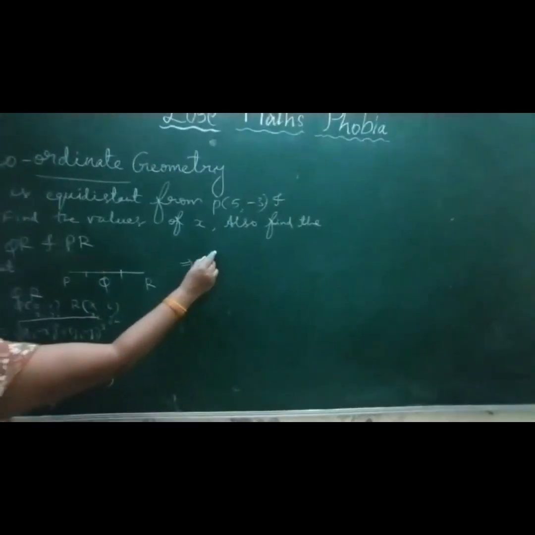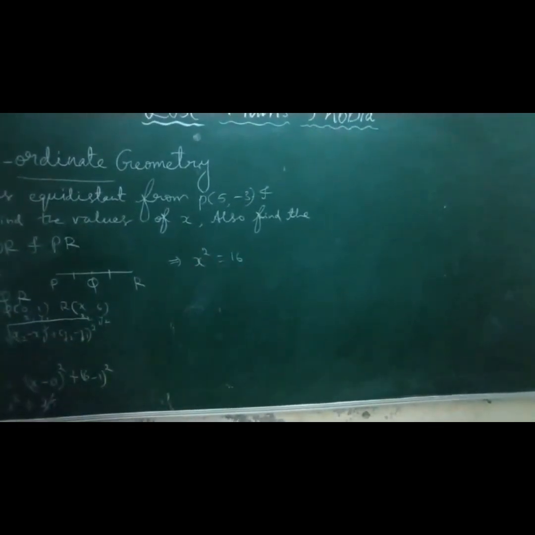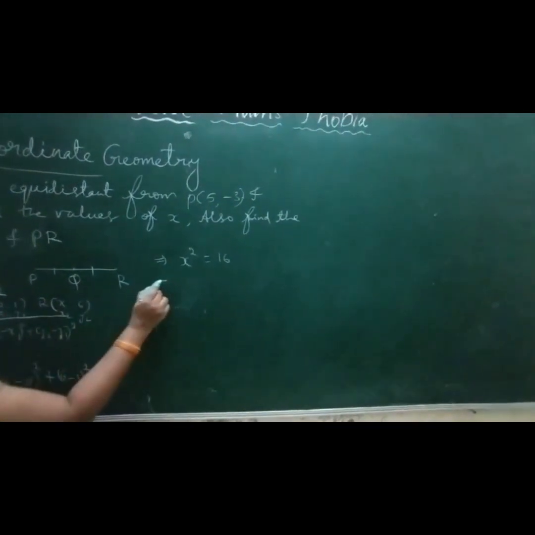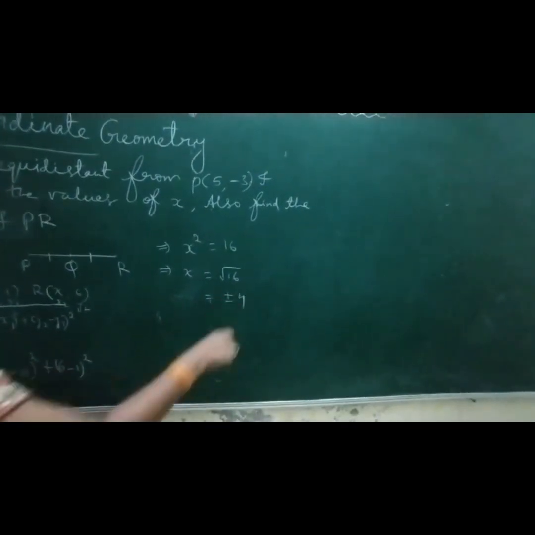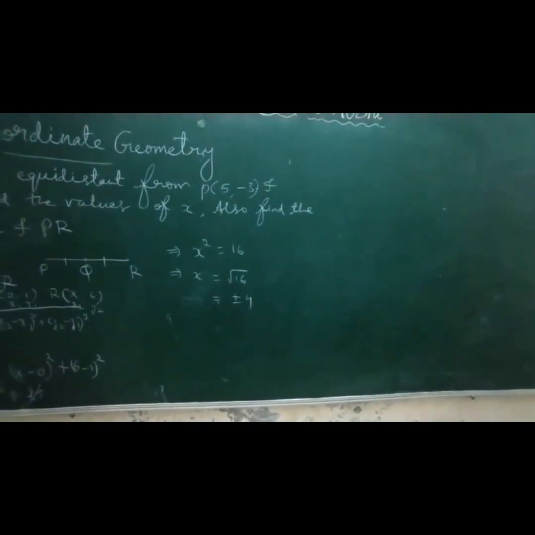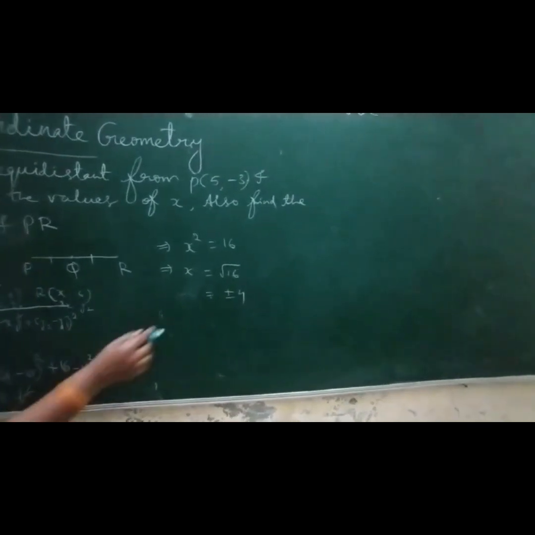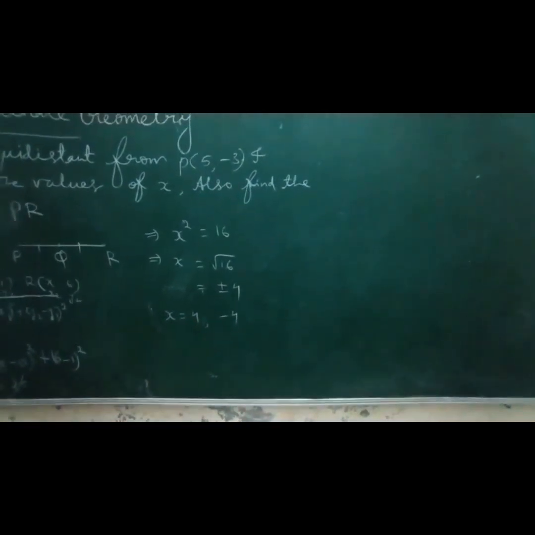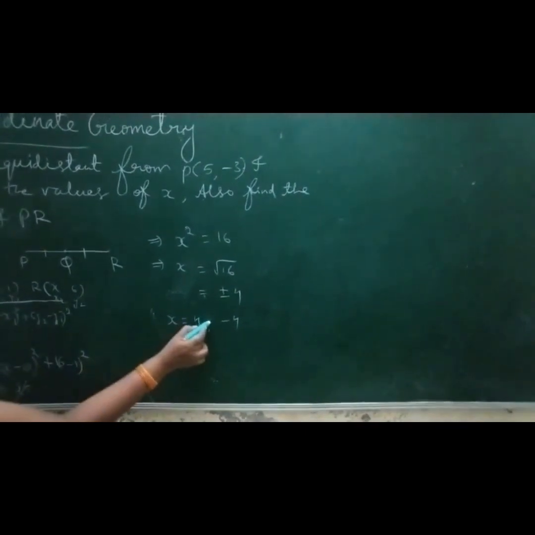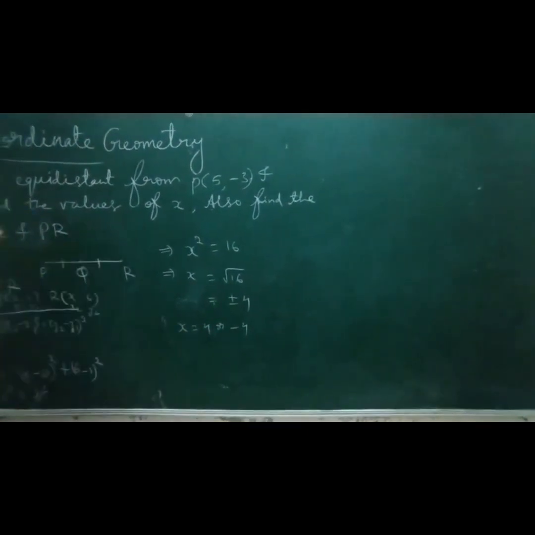Now the square becomes 16, and x becomes root 16, which is equivalent to plus or minus 4. So we will consider x values as 4 one time and minus 4 another time. So both are the values of x.